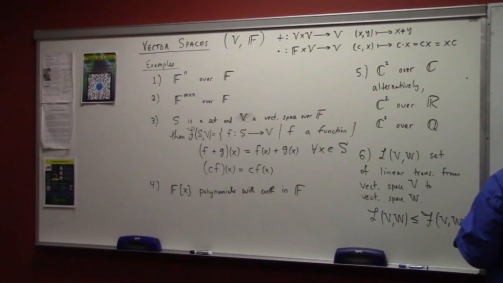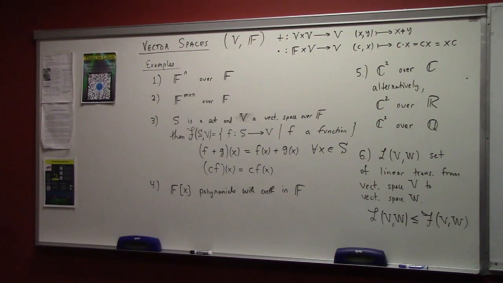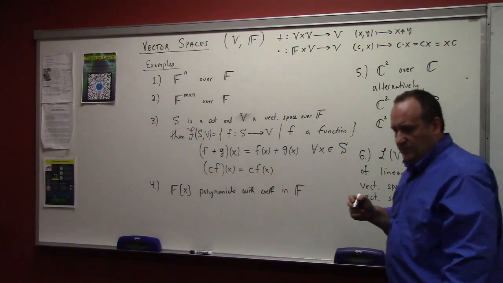And 2, x in S, C in the field implies Cx is in the set again. I think that's it. Man, I'm rusty.